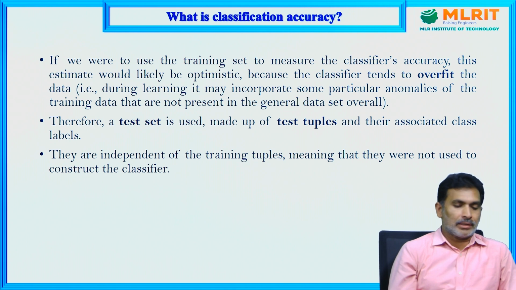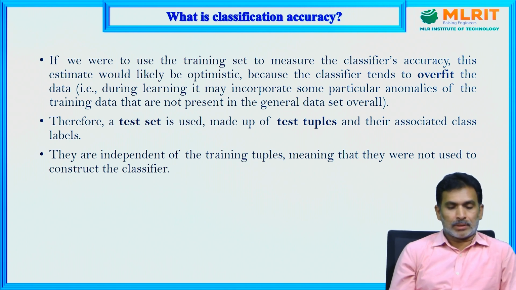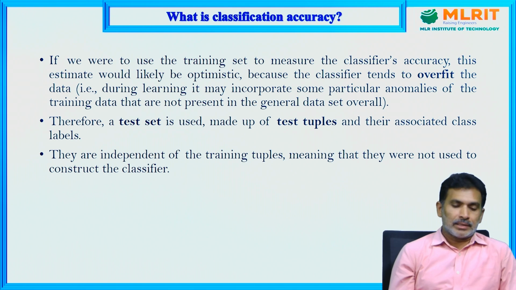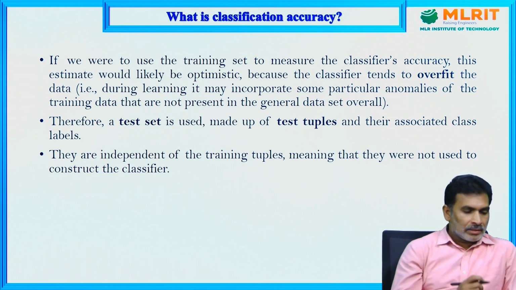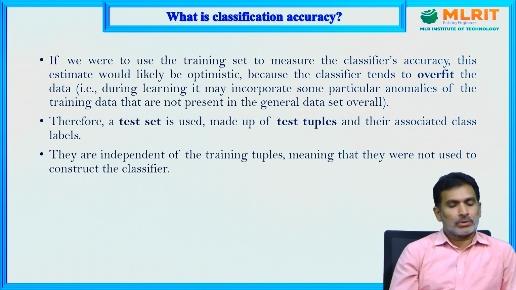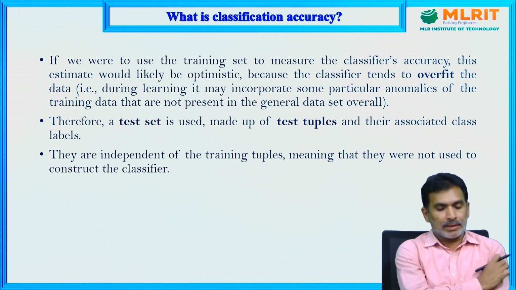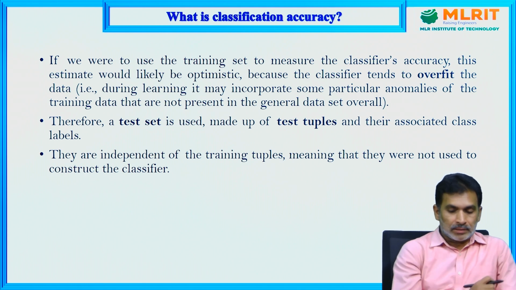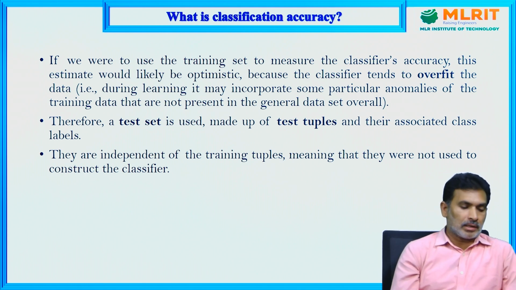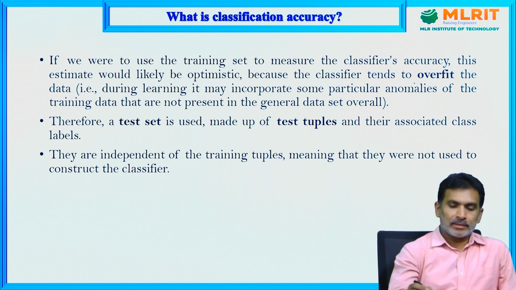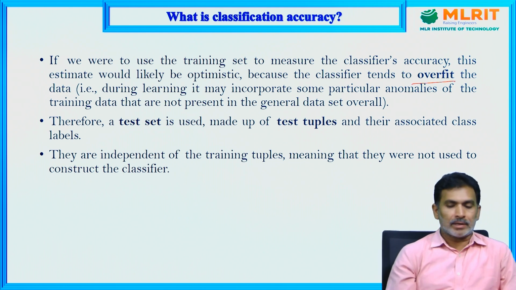During learning, it may incorporate particular anomalies of the training data that are not present in the general data set. Therefore, a test set is used, made up of test tuples and their associated class labels. They are independent of the training tuples, meaning they were not used to construct the classifier. We'll see later what overfitting and underfitting are.